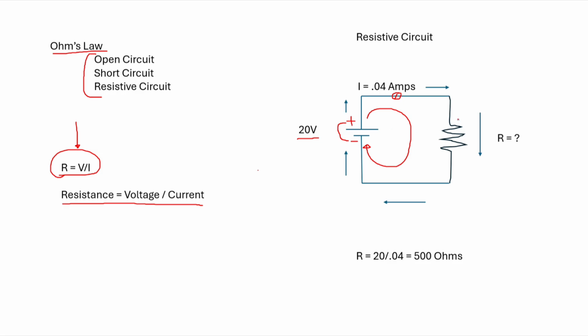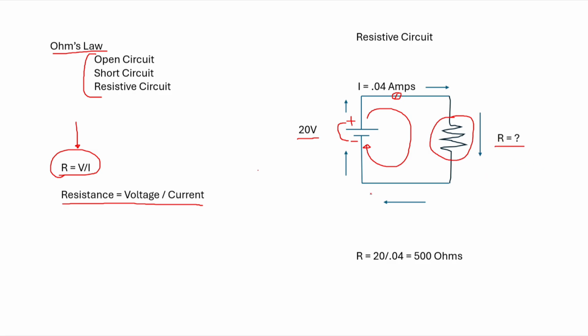But I don't know, now here's a load right here. This is a load. It could be anything. It could be a resistor. It could be a lamp. It could be a diode. It could be a vacuum tube diode. It could be anything that resists the flow of electrons or current. But I don't know what that resistance is.